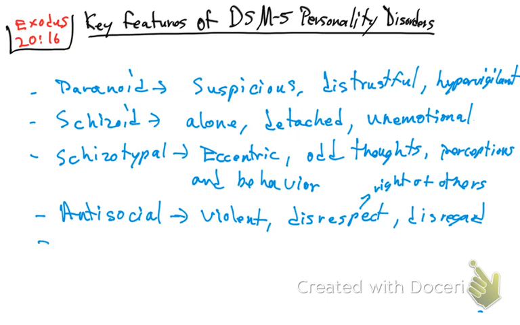Now, borderline. Basically, they have chaotic relationships. Everything is as they think it is in relationships.